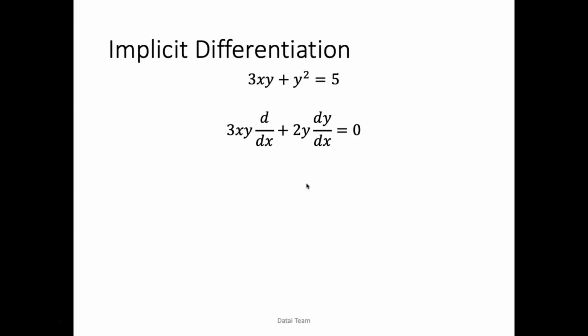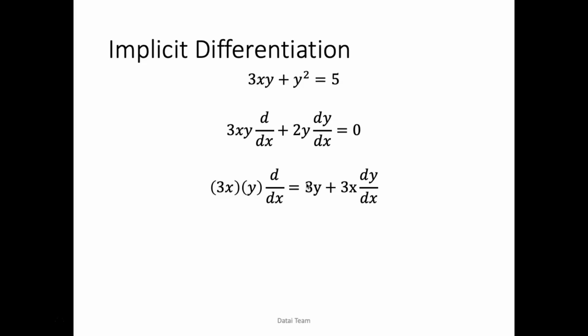For 3xy, we need to use the product rule. So we have 3 times x times y and differentiating the whole thing. Here we can write them in brackets. We can differentiate 3 as a part of x or y. It's a coefficient, it doesn't matter. And when we use the product rule, we get 3y plus 3x dy dx.